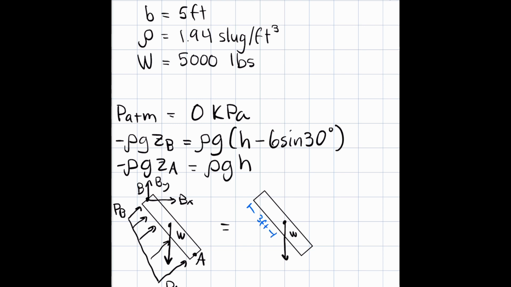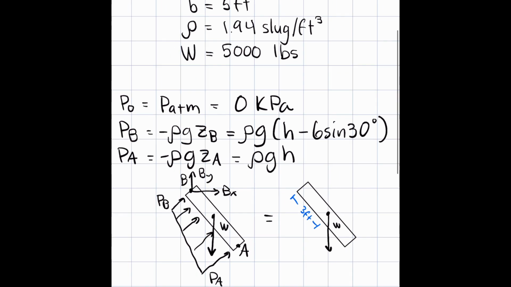All right, so the next thing that we're going to do is try and break this distributed load up into something that's a lot easier to work with and visualize. We want to try and break it down into 2 point loads.